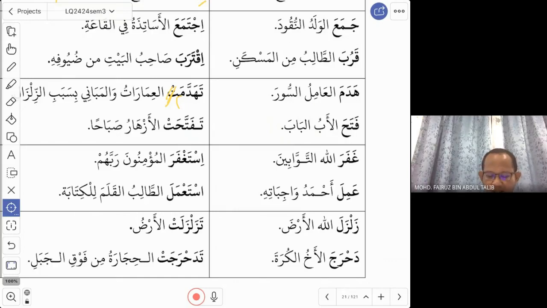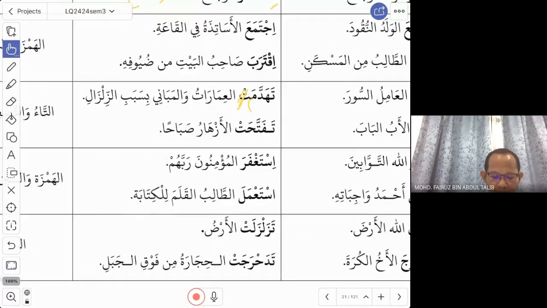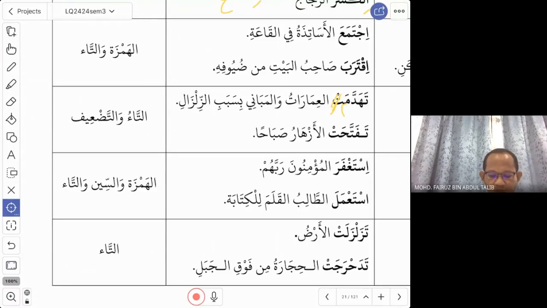The first letter is the letter ta, and the second is where they double the dal. So the additional letter here, as in the second example, we call it tad'if. So it is ta and tad'if, where you double the dal. Tad'if is you double the letter.